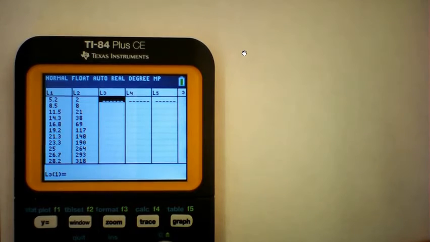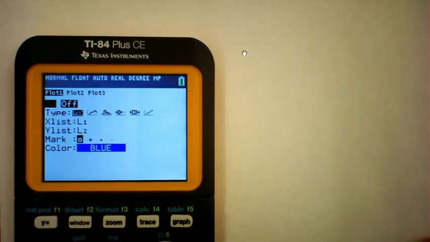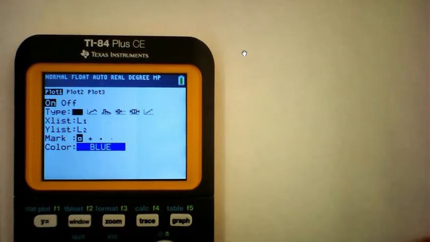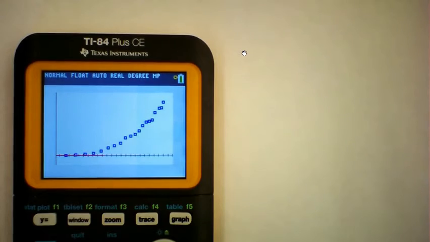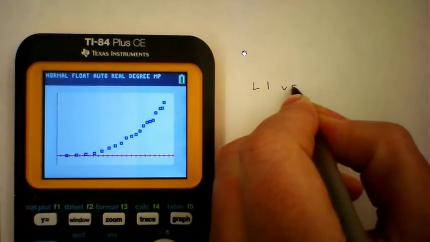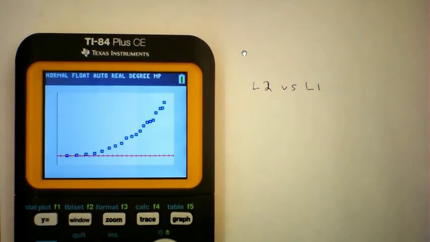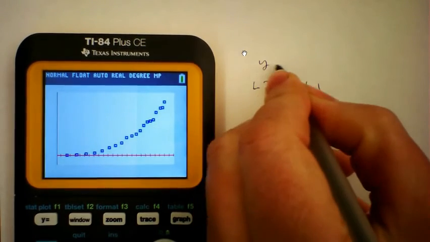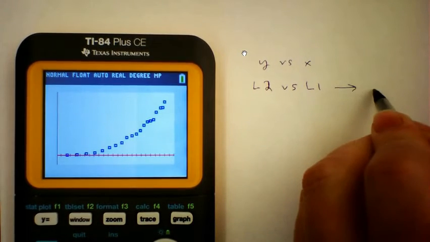So if I graph it, if I go into stat plot and I turn on this stat plot, and I look at L1 to L2, zoom 9, you can see that there is a curved pattern. So when I do L2 versus L1, because remember, Y comes first if you're using the word versus, what we saw was a curve.